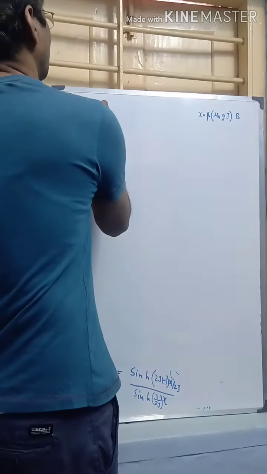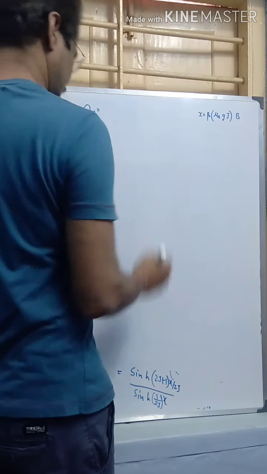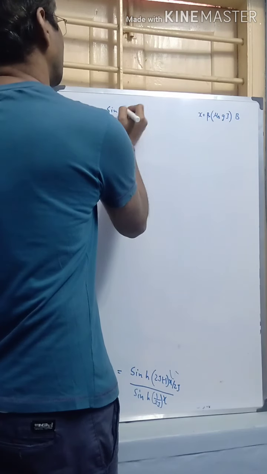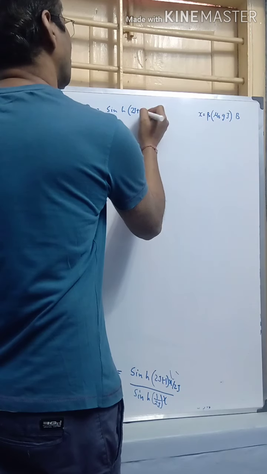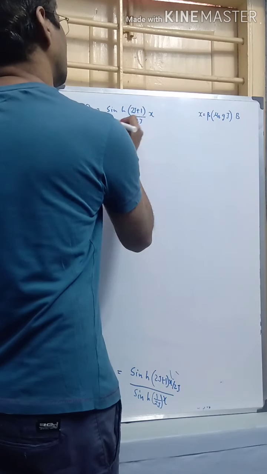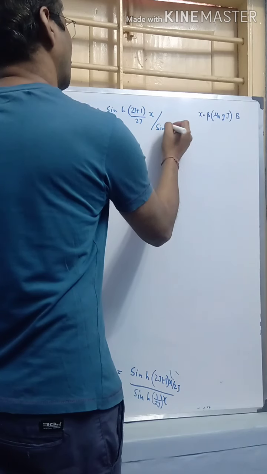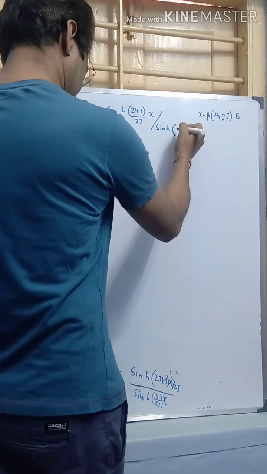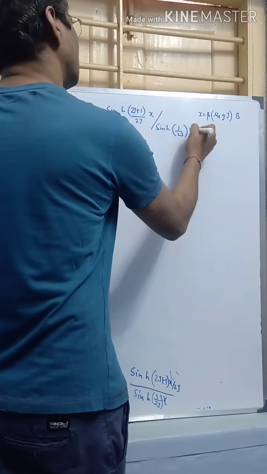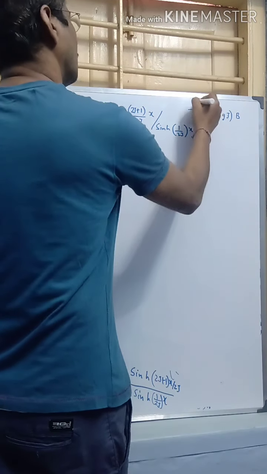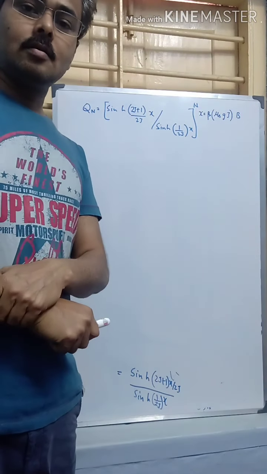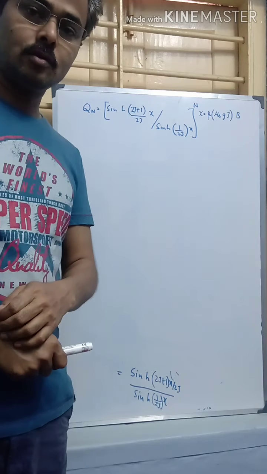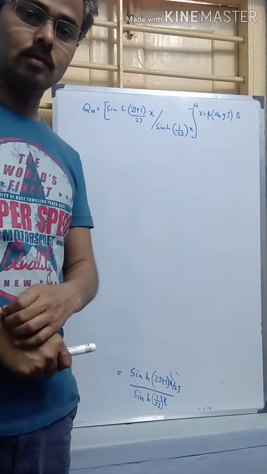So our n particle partition function Qn can be written as [sinh((2j+1)x/2j) divided by sinh(x/2j)] whole to the power n, because we know that for n distinguishable particles, here these are the dipoles which are localized, and that's why they are distinguishable.